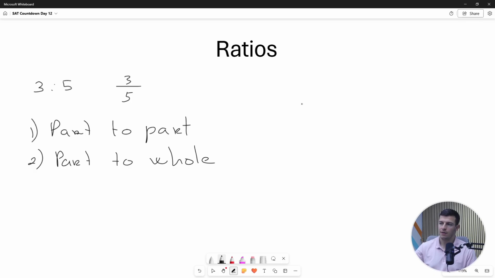For example, imagine you have 20 students in the class. So if you're talking about the ratio of boys to girls, that would be a good example of part to part, because they're both part of the whole, right? But when you're looking at part to whole, one side needs to be the whole. If you have done statistics, when we have samples and population, this is similar to that.